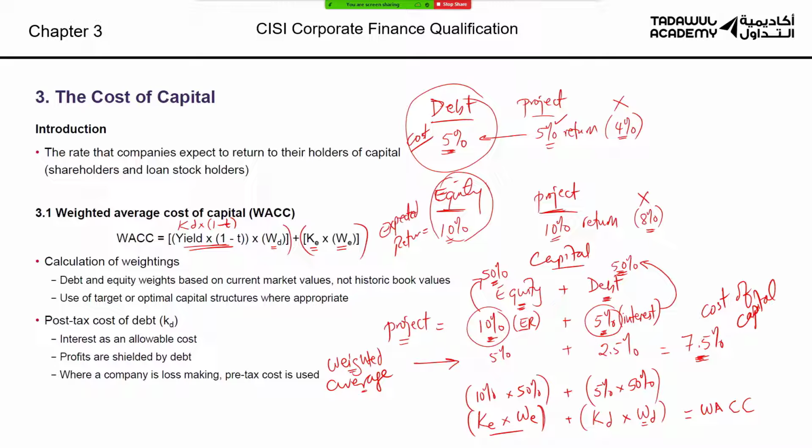It's because if you are borrowing at 5%, your debt is costing you 5%. Remember, when a company makes its financials, you have the earnings before interest and tax, and then you deduct interest.